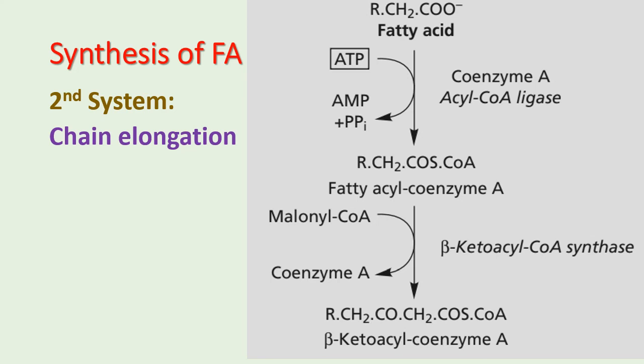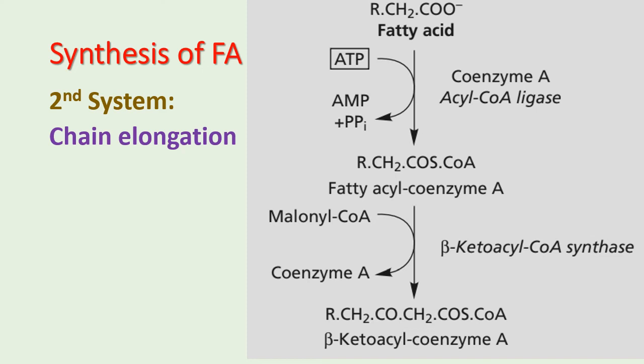Here you can see on the diagram that at the first step, where fatty acid is converted into fatty acyl coenzyme A, there is a requirement of 1 ATP. Similarly, in the next step, on the next slide, there is a requirement of 1 NADPH. So 1 ATP and 1 NADPH are required for this chain elongation process.